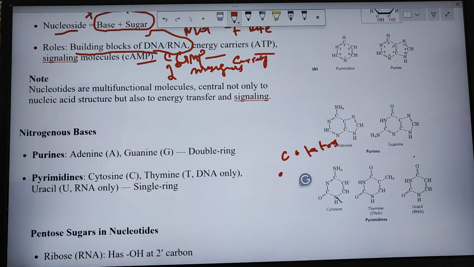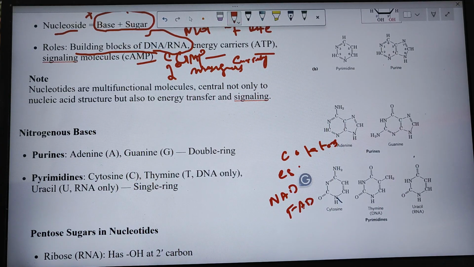For example, NAD and FAD, which are nucleotides, act as cofactors in the reductive biosynthesis of lipids. So now you have understood the role of nucleotides beyond genetic information or heredity. Got it?